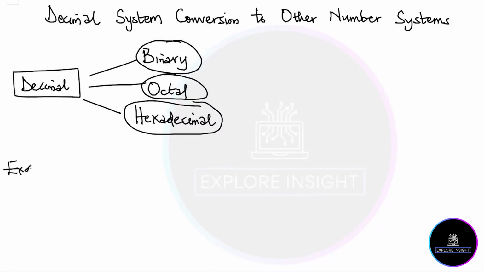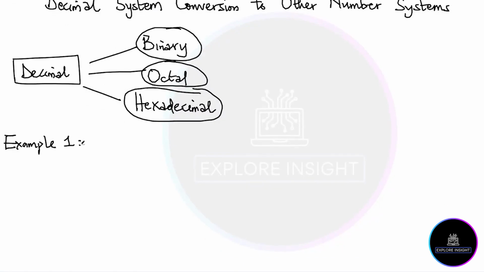So example 1. Now in this case, if we are asked to convert a value 36, which is in base 10, to a binary value x. So let's find the value of x. All we have to do is to perform division.